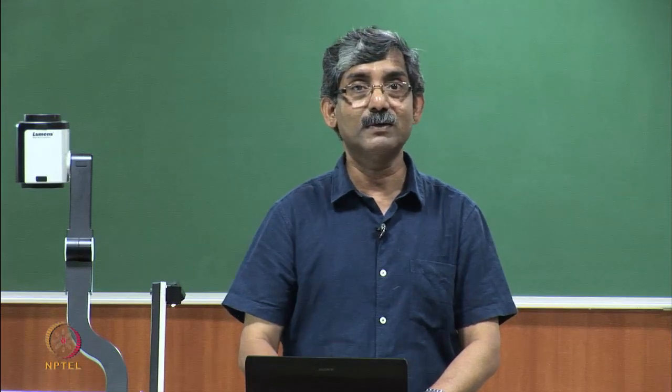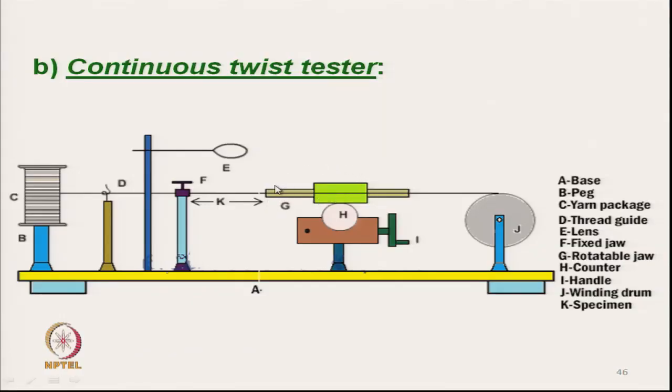So, here it is moving towards the fixed jaw, and once it is touching, that means there is no yarn, and in that case we clamp it at the rotatable jaw, and after clamping again we move towards the right side.